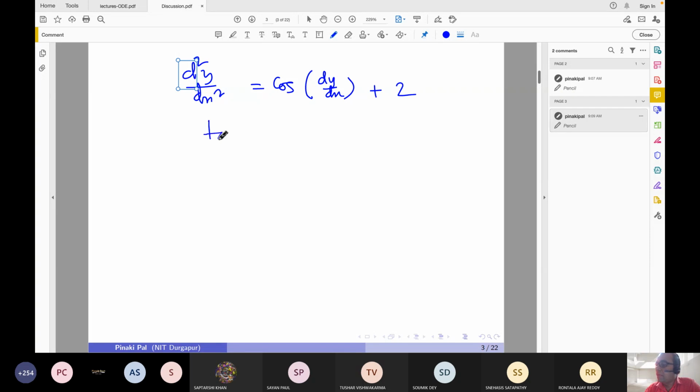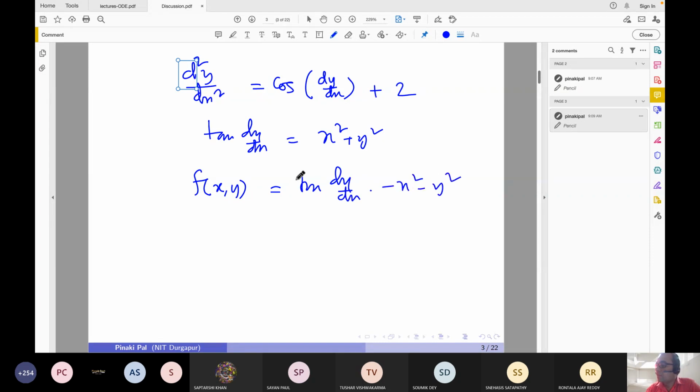Similarly, if we take tan(dy/dx) is equal to x square plus y square, inverse operation is not allowed. If we write f(x,y) as tan(dy/dx) minus x square minus y square, it is not a polynomial function, it involves a tan function of the derivative, so degree is not defined.